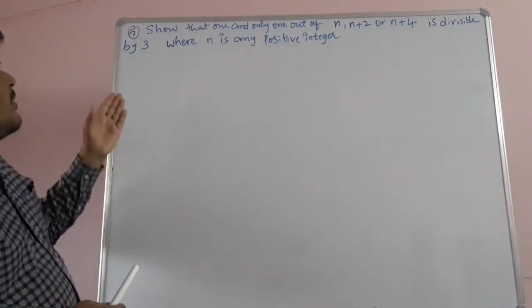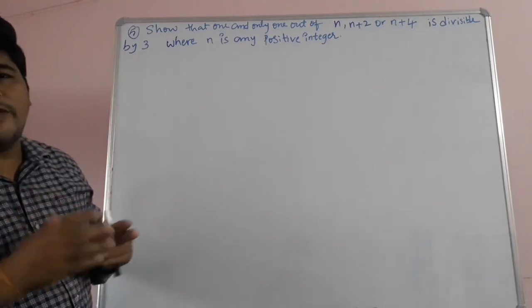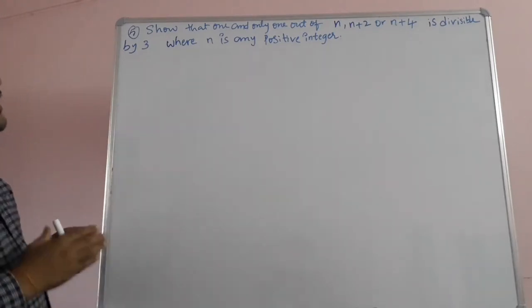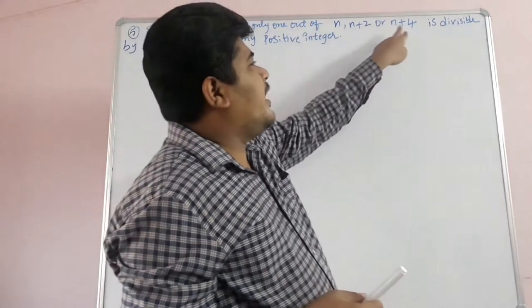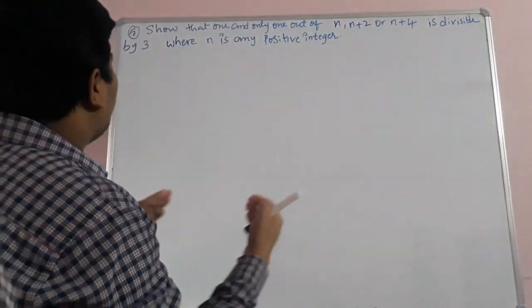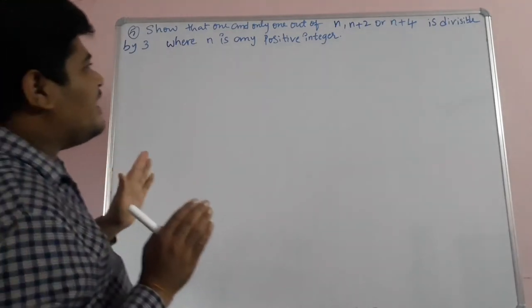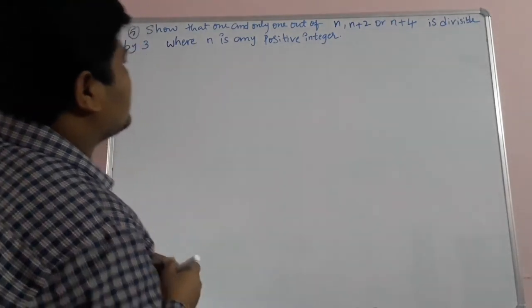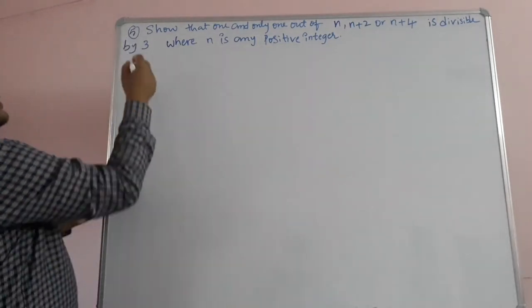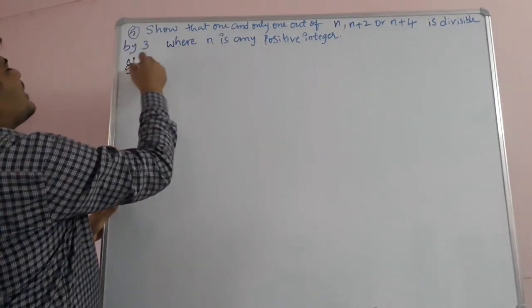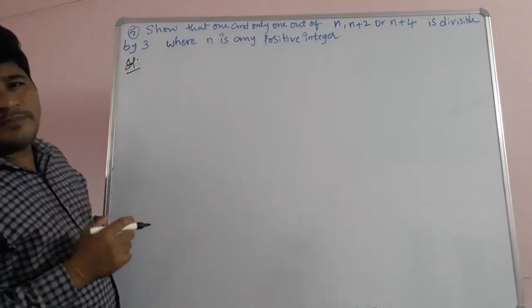Children, now let's see problem number 5, the last problem of the exercise. Show that one and only one out of n, n plus 2 or n plus 4 is divisible by 3, where n is any positive integer. Here we will use Euclid's division lemma or division algorithm.